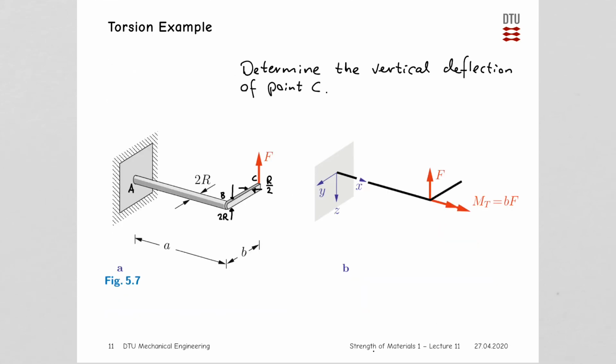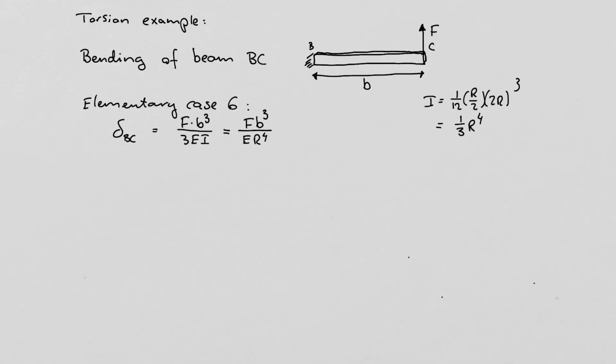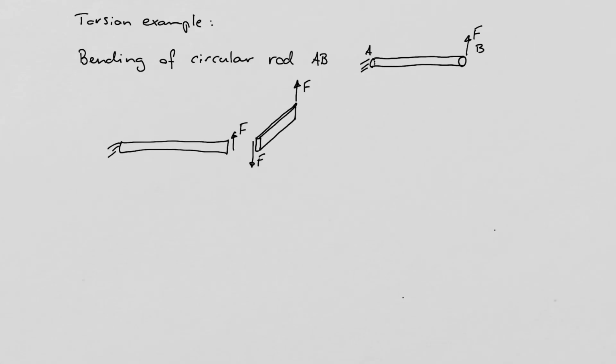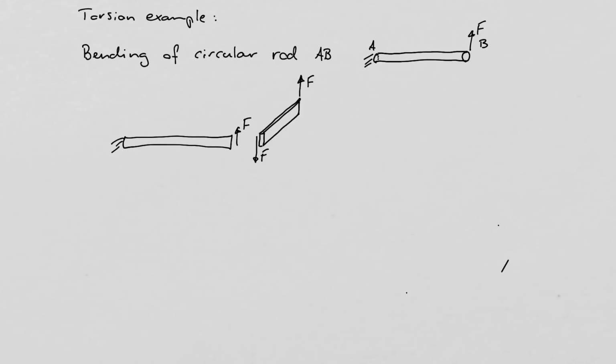So the length is A of our circular rod. It's given from the dimensions of the drawing here. A here.